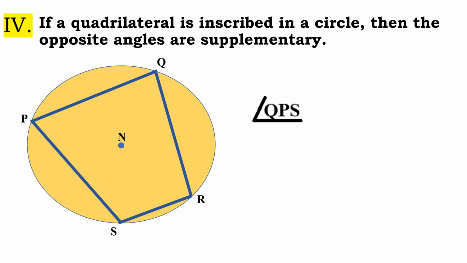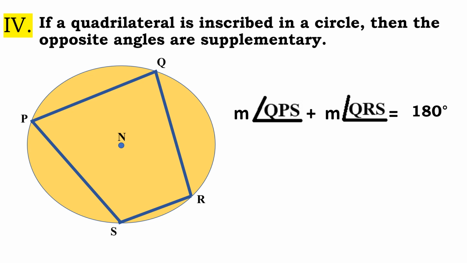We have here angle QPS with vertex P. Now, the opposite angle of angle QPS is angle QRS at vertex R. If you add the measure of angle QPS plus the measure of angle QRS, since they are supplementary, it is equal to 180 degrees.